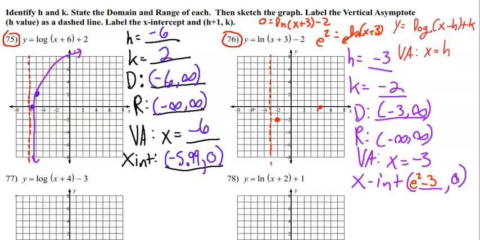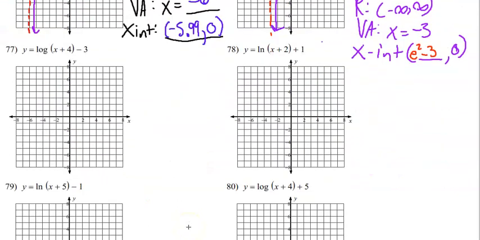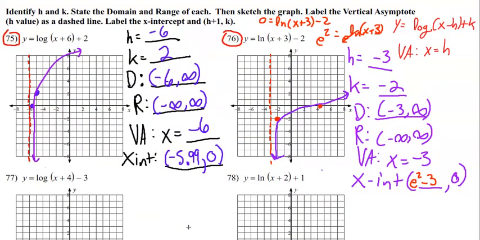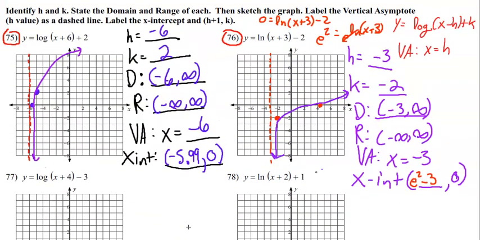And then from there you would draw your curve to make your graph. So go ahead and try the other questions on this page, and then check the graphs in the back as needed. And then move on to the next section.